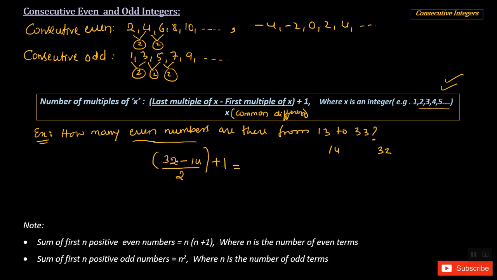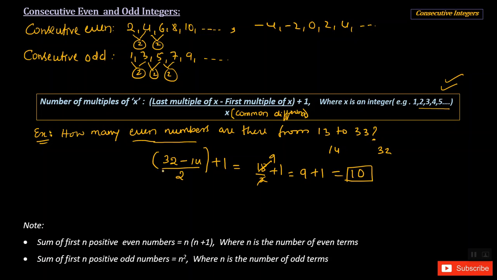So 32 minus 14 is 18. 18 by 2 plus 1, so 18 by 2 is 9, plus 1, so there are total 10 even numbers from 13 to 33.